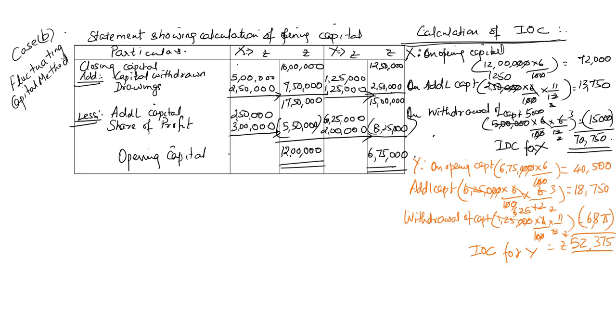Final answer for X 70,750 and for that of Y rupees 52,375. So in this video we saw a comprehensive example where the closing capital was given and we had to find out the opening capital before going ahead with calculation of interest on capital.